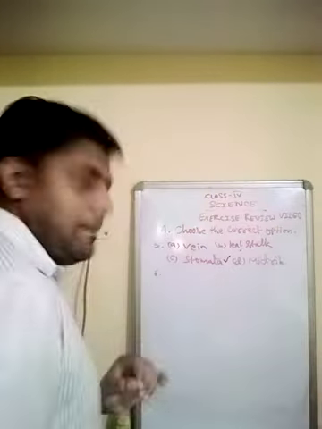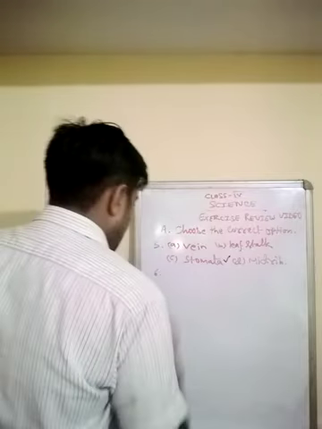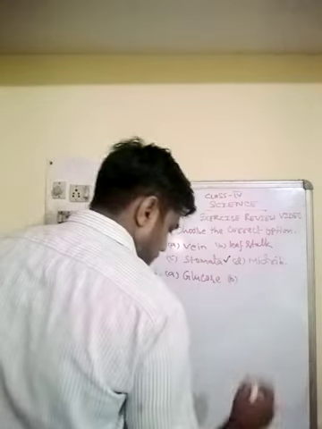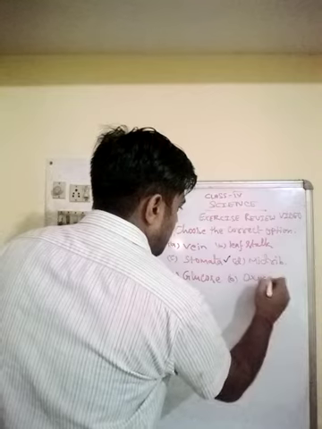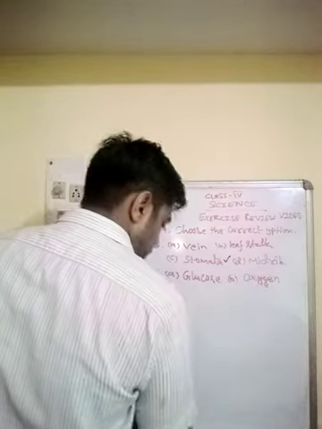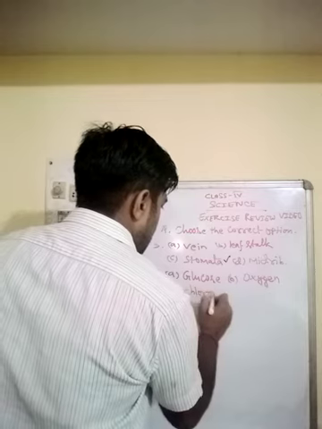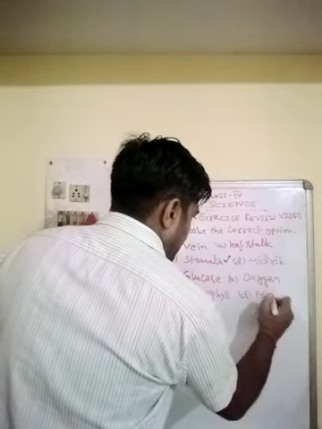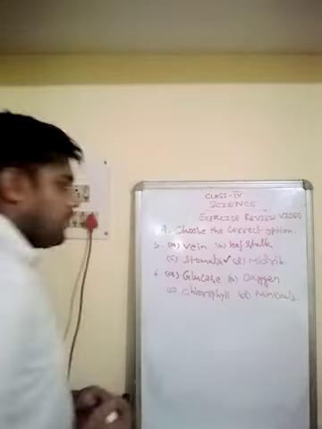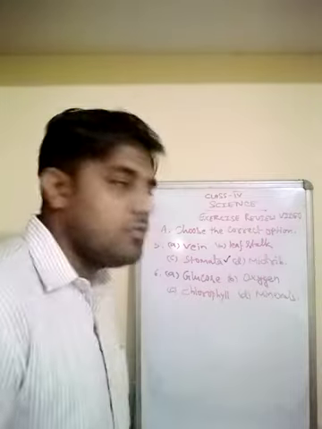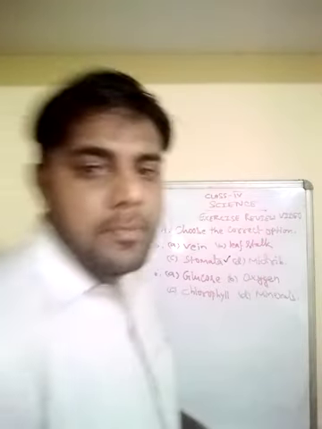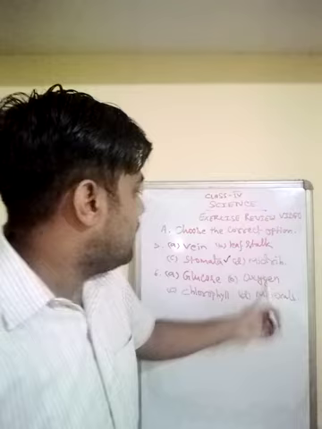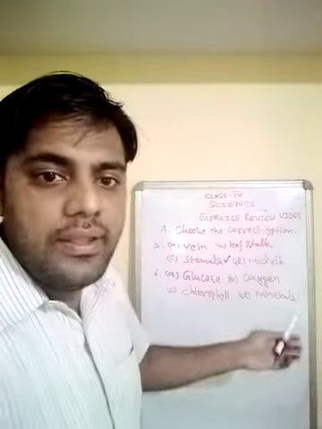The options are number A, glucose, number B, oxygen, number C, chlorophyll, and number D, minerals.